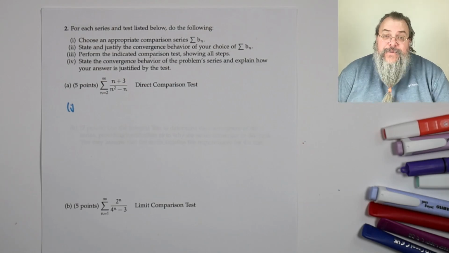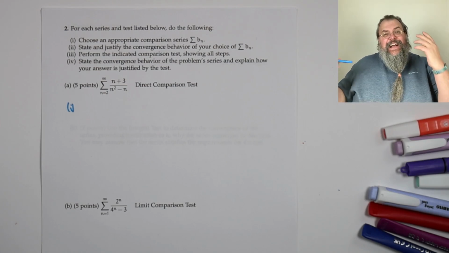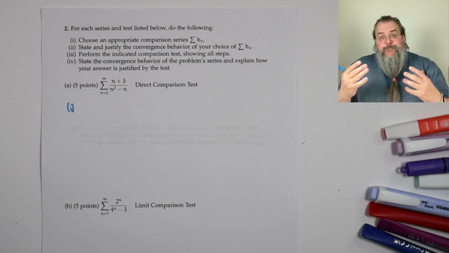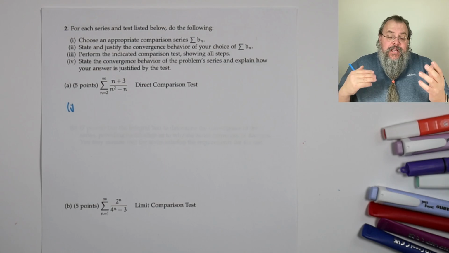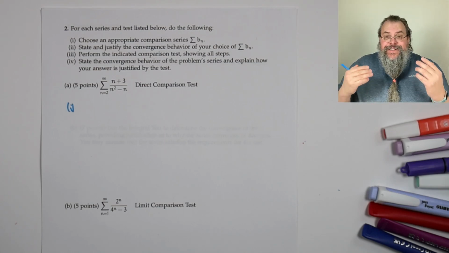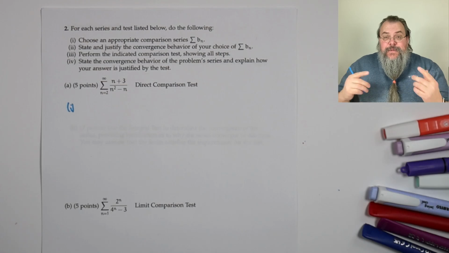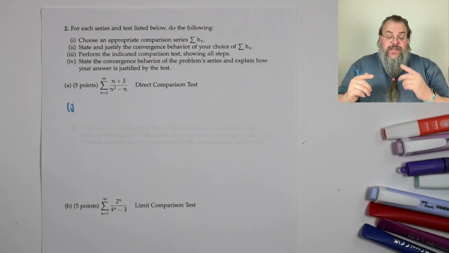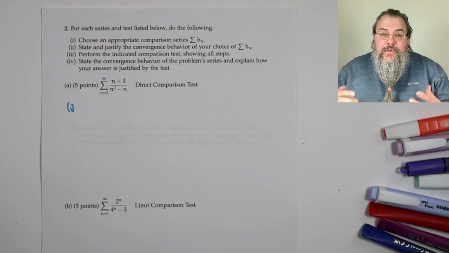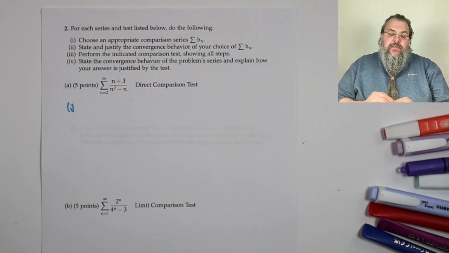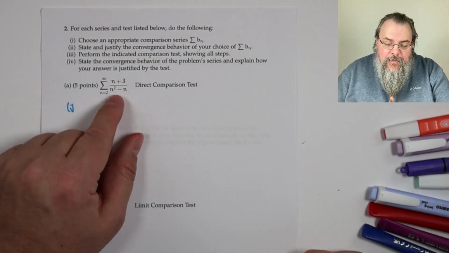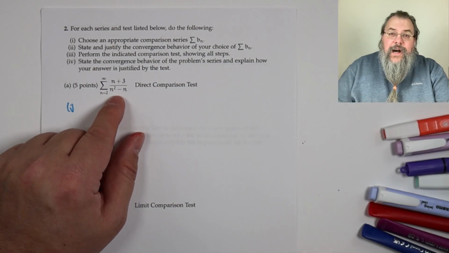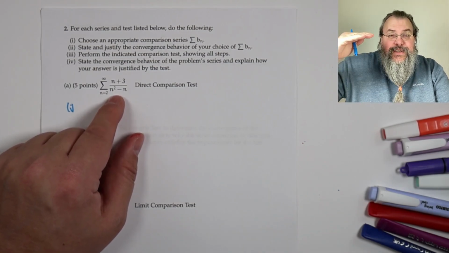Okay, so now, have an appropriate comparison series. When you're doing a direct comparison test, you have to kind of know ahead of time what you think the answer is. Do we think this converges or diverges? Because depending on the answer, we are going to do something different. Okay, so what do I mean here? Well, if I'm thinking that this is something which converges, I want to get something above it which converges.